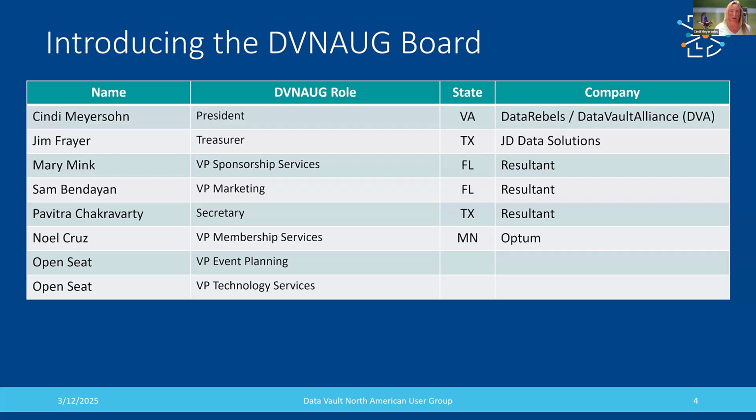Pavitra, forgive me, I'm not going to be able to pronounce your last name without killing it, is our secretary. I wouldn't be able to have any board meetings or minutes without her. Noel Cruz is our dynamic voice, our head of membership services, and he's with us today. Again, we have 2 open seats on the board. If anyone's interested, we would love to hear from you.